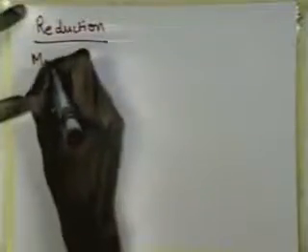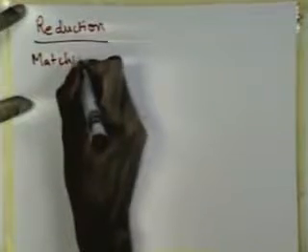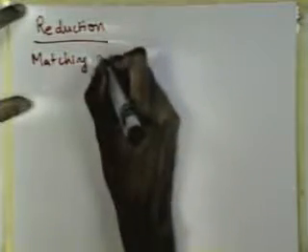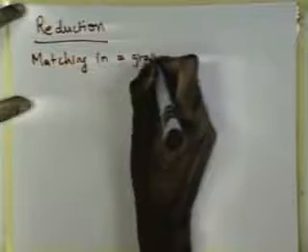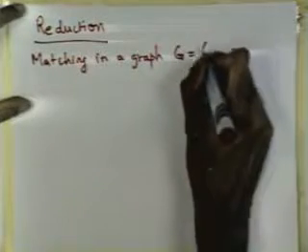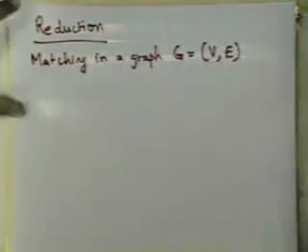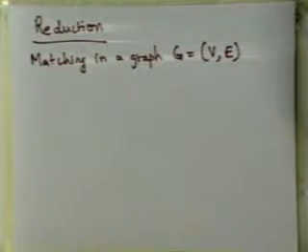Okay, so before we start, a few definitions which we'll recall. Hopefully you have seen this before. Okay, the first thing is the notion of a matching in a graph G equals (V, E). Okay, V is the vertex set, E is the edge set.